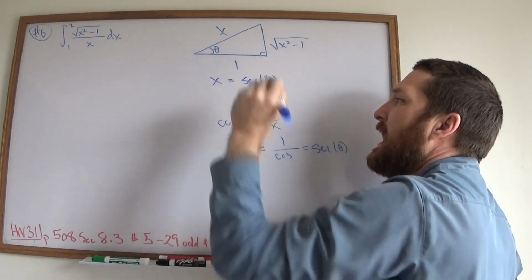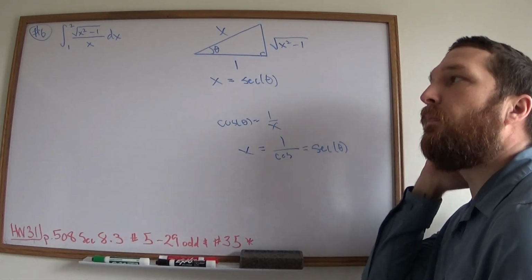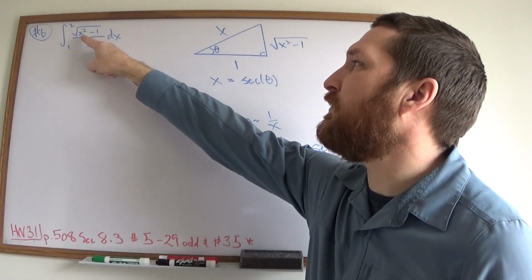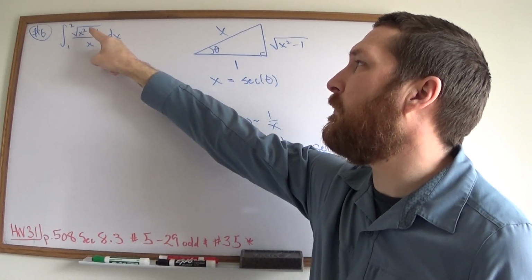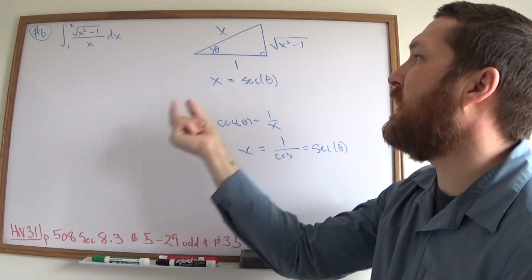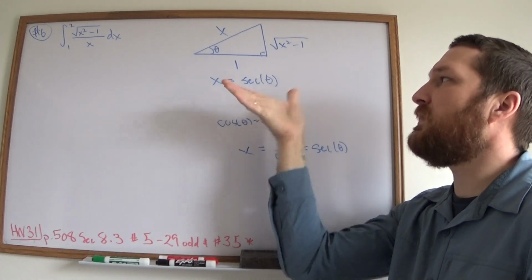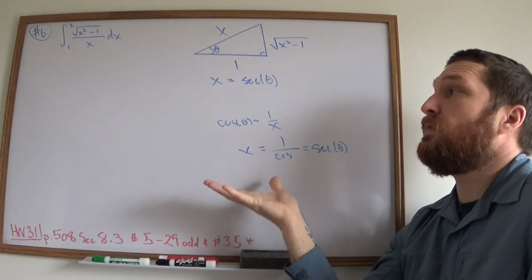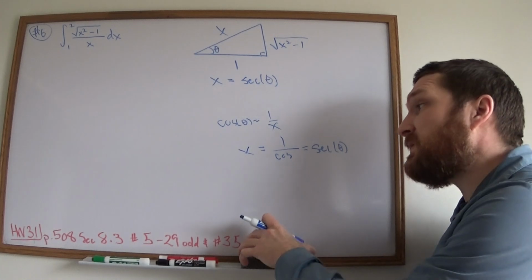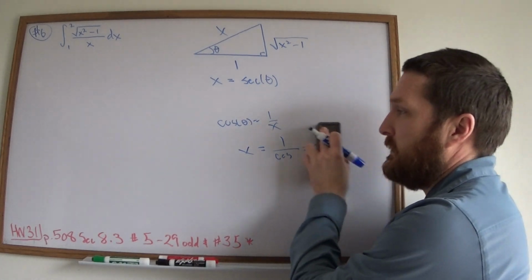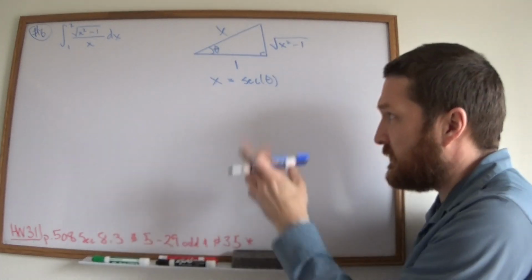In this case, I happen to get the same substitution that the book says. The book told me that if I have it in the form root x squared minus a squared, then I do x equals a secant theta. The a is 1, so I'm doing what the book tells me to do. You'll see it doesn't matter if I use that or something else. But at any rate, this is where I am so far.